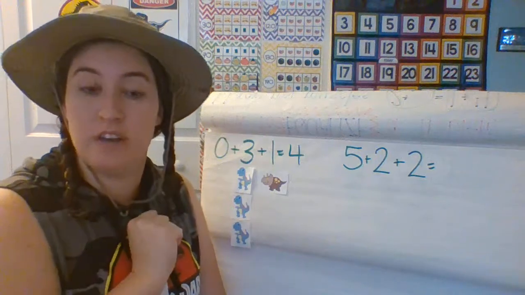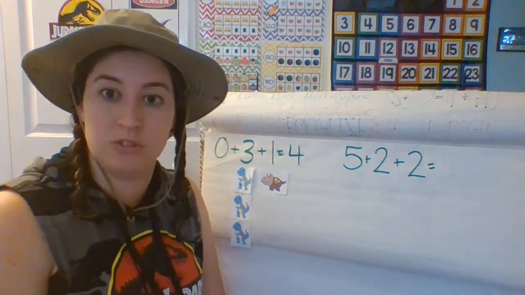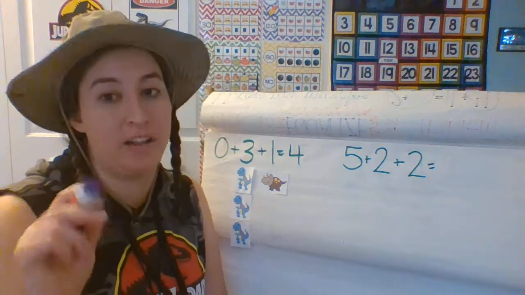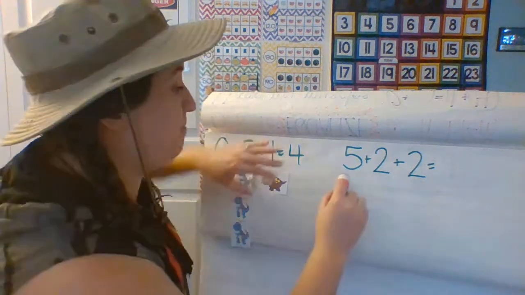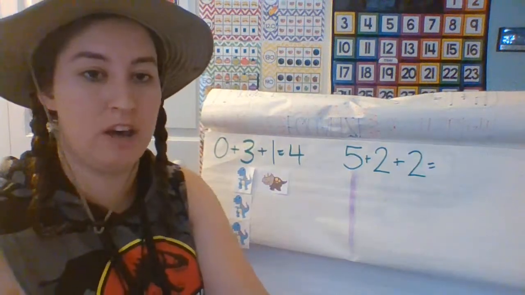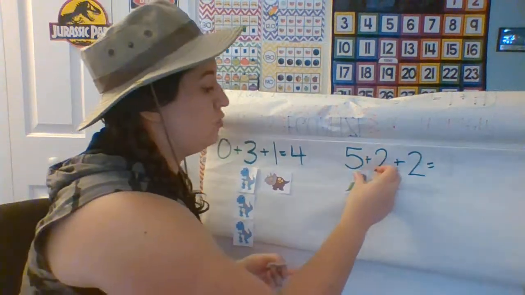Do you want to try to solve it before I glue up the dinosaurs? How about you try to solve it while I'm gluing up the dinosaurs? So while I'm over here gluing up dinosaurs, you try to solve it with your fingers and see if you can do it.